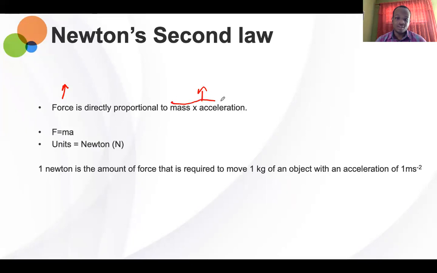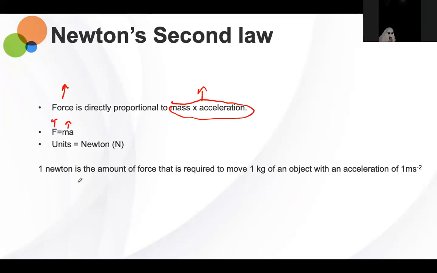And we said that 1 Newton, which is the unit for force, is the amount of force required to move 1 kilogram of an object with an acceleration of 1 ms minus 2. We see that ms minus 2 coming up again.